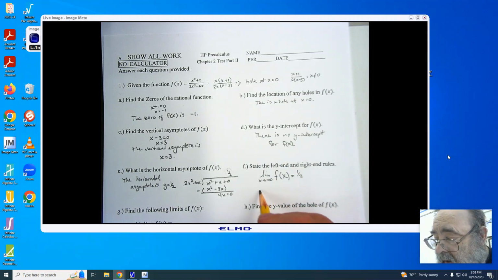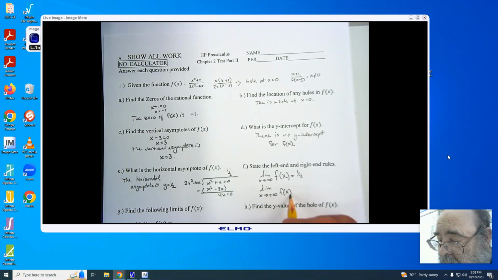Then we go to the limit as x approaches +infinity. This is our right end rule, and it is also 1/2.